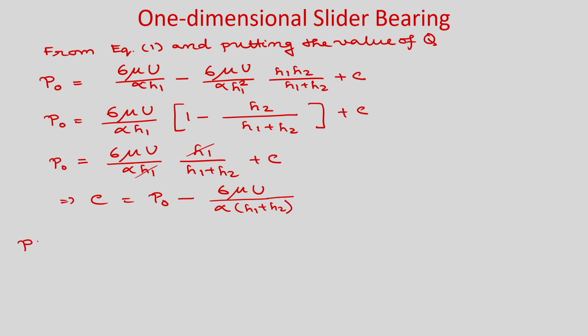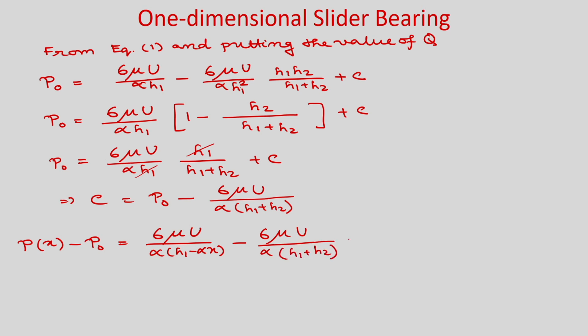So, now you can find the pressure distribution. You can see p(x) minus p naught, after putting the value of c we will get this expression: 6 mu u divided by alpha (h1 minus alpha x) minus 6 mu u divided by alpha (h1 plus h2) minus 6 mu q divided by alpha (h1 minus alpha x) square.